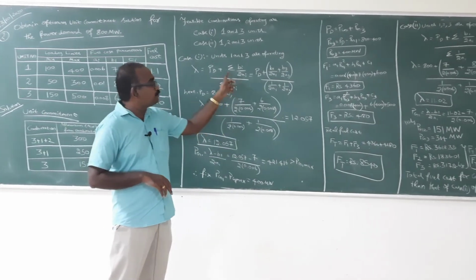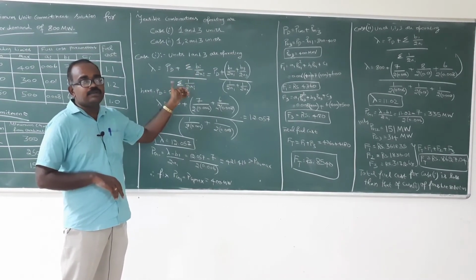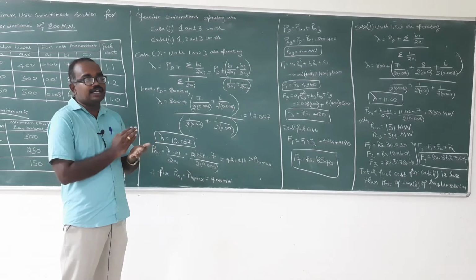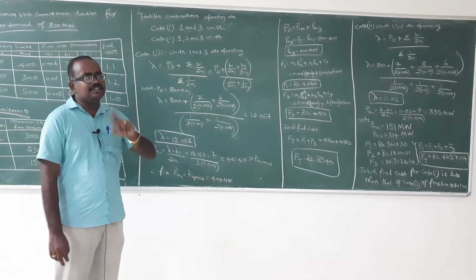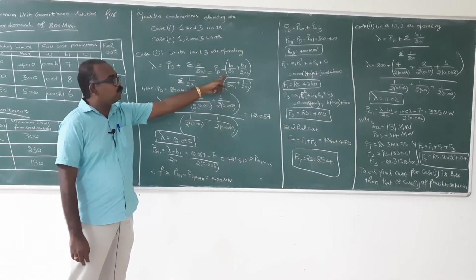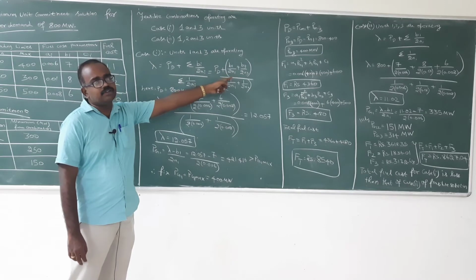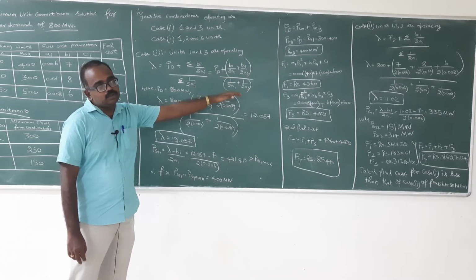Actually we studied this with i equal to 1 to n, but here I didn't use that because we don't have continuous numbers. Here we are using 1 and 3. So we represent it as PD plus B1 by 2A1 plus B3 divided by 2A3, divided by 1 divided by 2A1 plus 1 divided by 2A3.